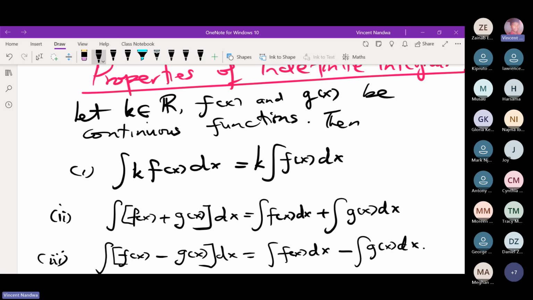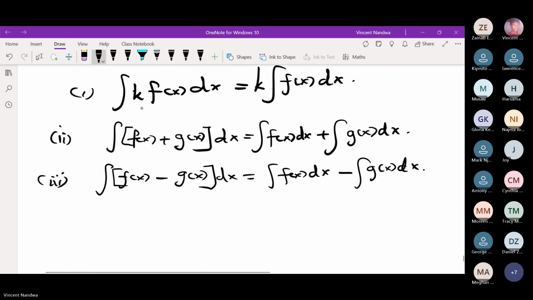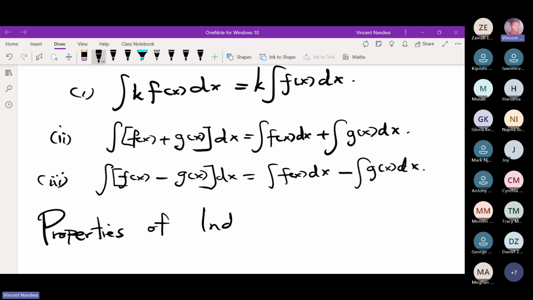These are pretty easy properties to recall. Then let's also state properties of definite integrals.